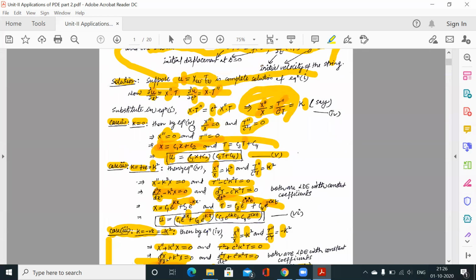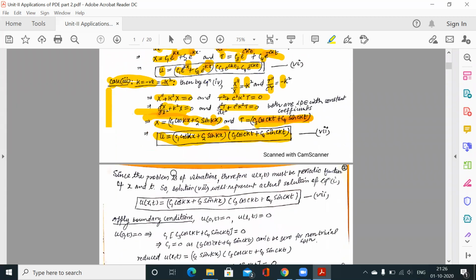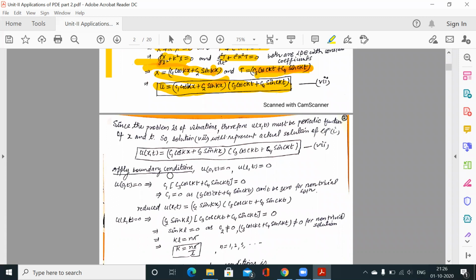Now out of these three solutions, we have to select the one which suits the physical nature of our problem. If you observe, we are solving the wave equation, and waves mean vibrations. You know that vibrations are always periodic.